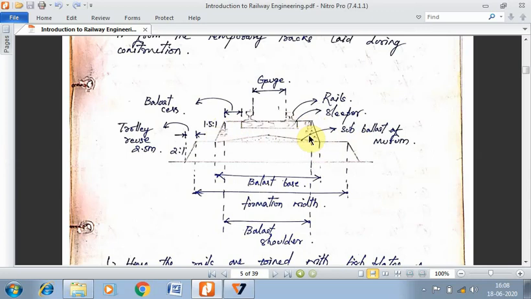We will be studying in detail what different forms of ballast material can be used, but generally the ideal ballast materials are the crushed stones that we find in stone quarries. Whereas the sub ballast is made out of muram, which behaves as a separation between the formation and the ballast section, and to some extent as a drainage layer.